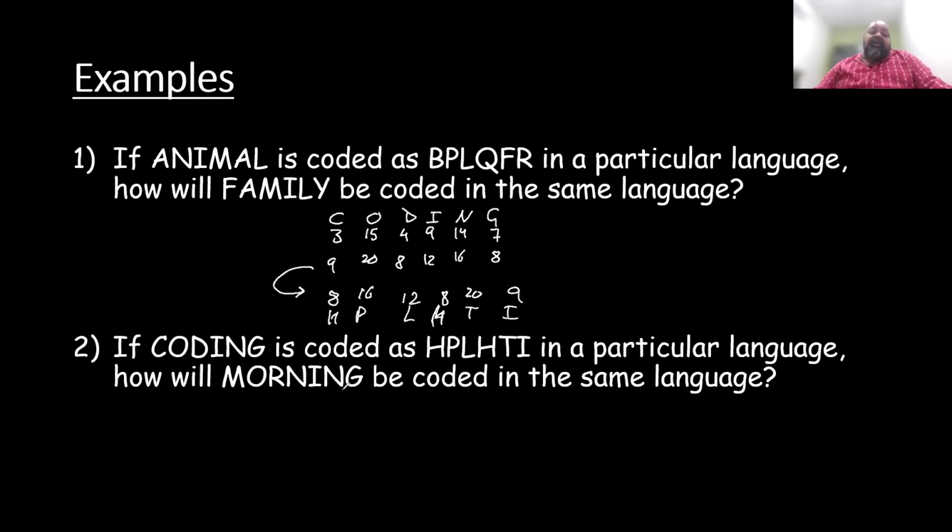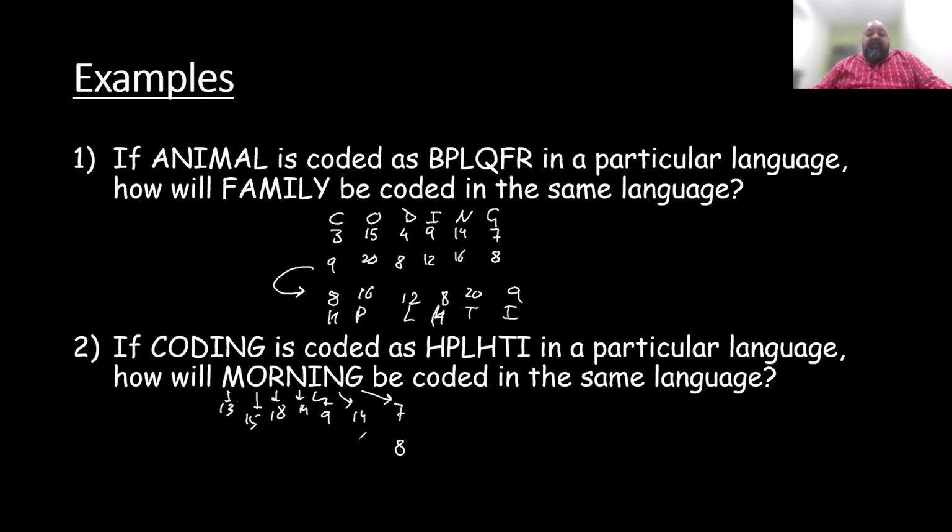Right? So if I say MORNING, M is 13, O is 15, R is 18, N is 14, I was 9, N was again 14, G was 7.